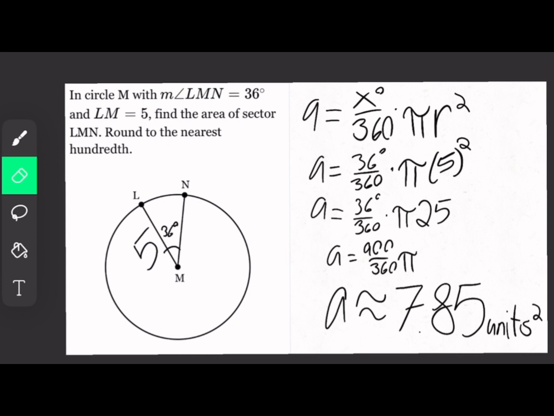Okay. 9 equals x degrees over 360 times pi r squared. You should get about 7.85 units squared as your answer.